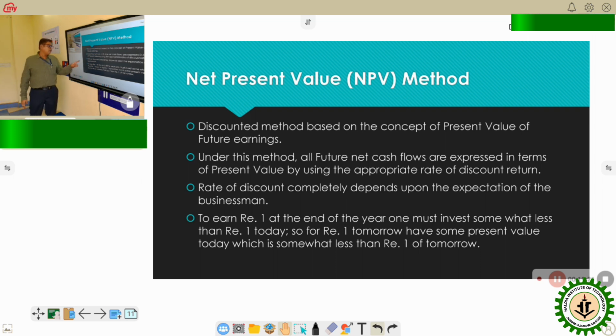That means to earn rupee 1 at the end of year 1 we must invest somewhat less than rupee 1 today. So rupee 1 tomorrow has some present value. If we consider 100 rupees today, after 5 years, subject to interest, the amount will increase. But the monetary amount is increasing while the value is decreasing.